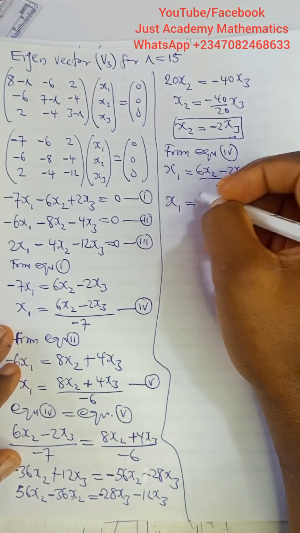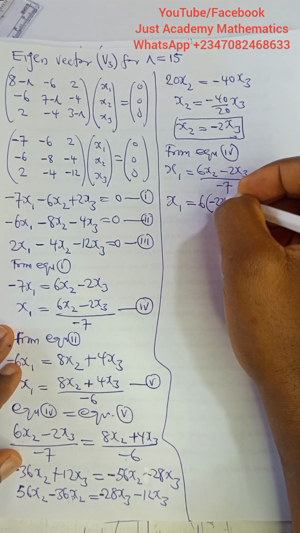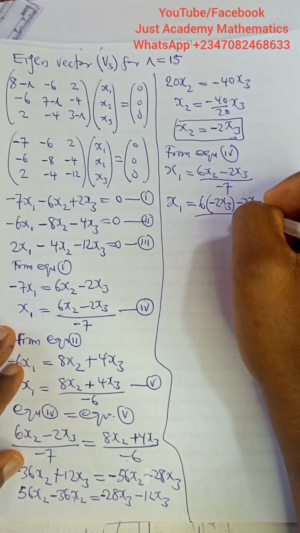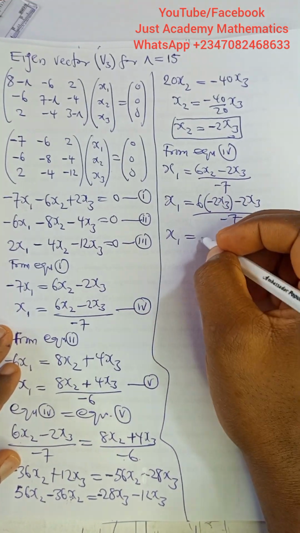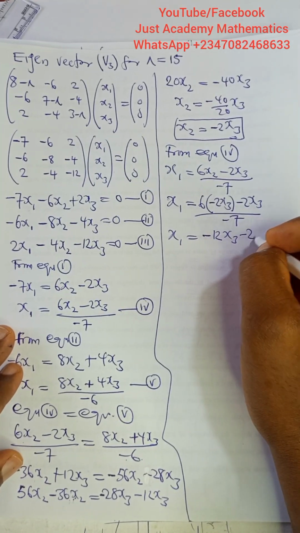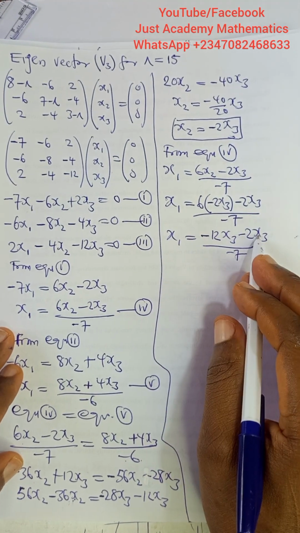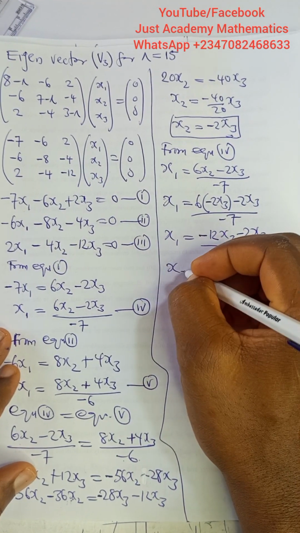So x1 is equal to 6 times minus 2x3 minus 2x3 over minus 7. So this will give us minus 12x3 minus 2x3 over minus 7. Minus 12 minus 2 will give me minus 14. Minus 14 divided by minus 7.